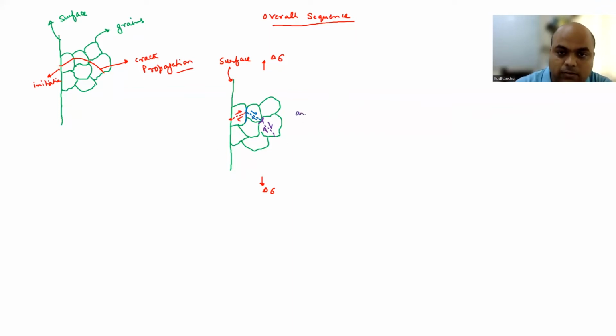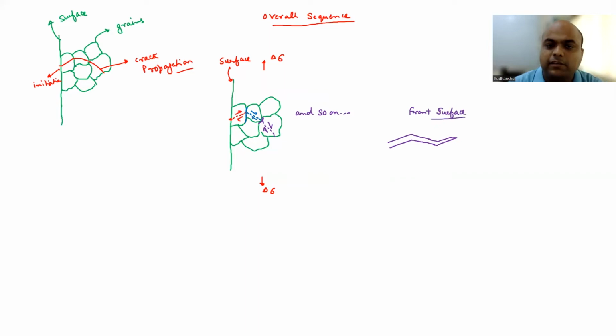Okay. So and so on. This happens for only a few grains. And after that, there is a transition from stage one to stage two. We'll discuss why that happens. Okay. So now if you see the front surface of the track, it is going to look something like this. Another track. Okay. So this is your front surface. This is not the same track.